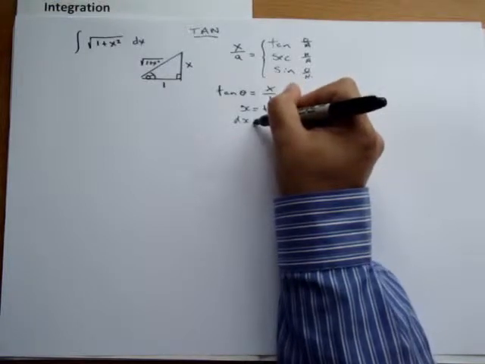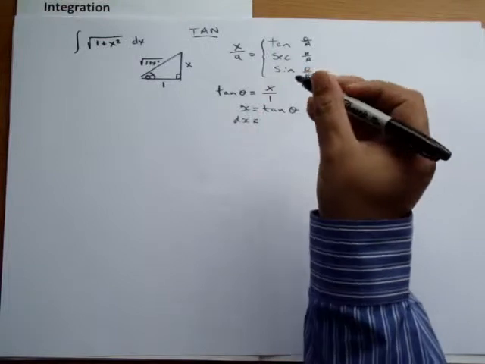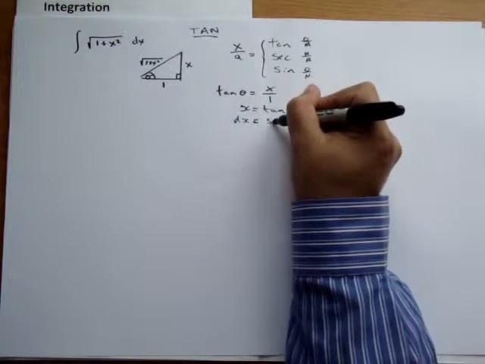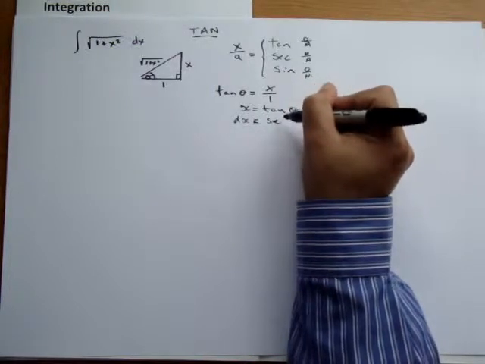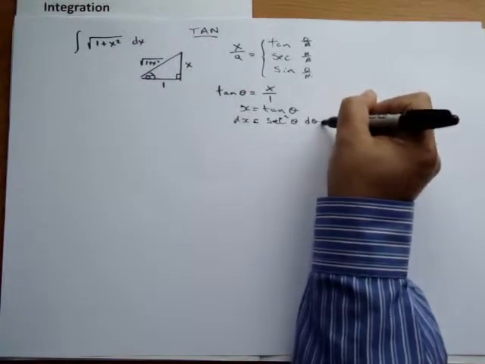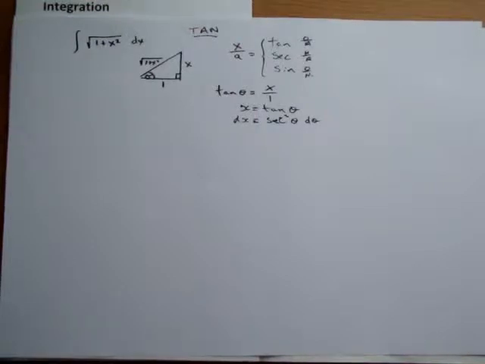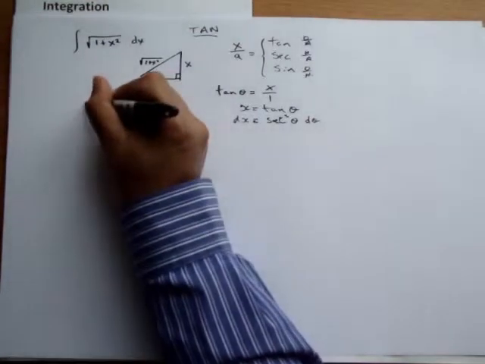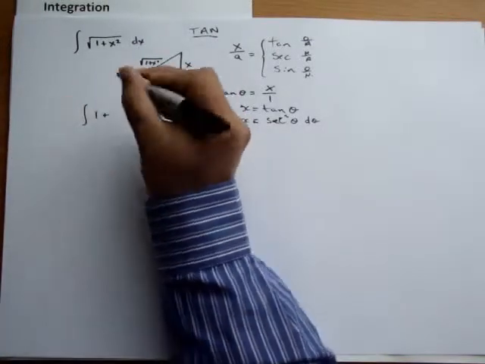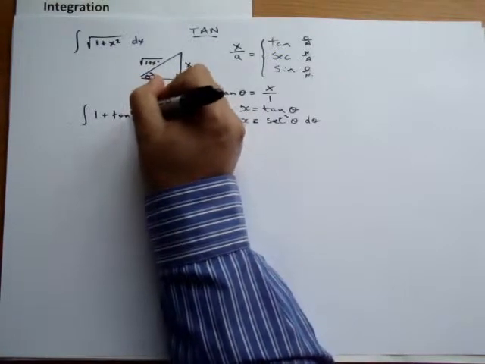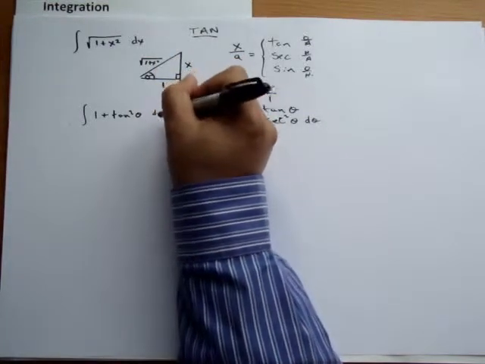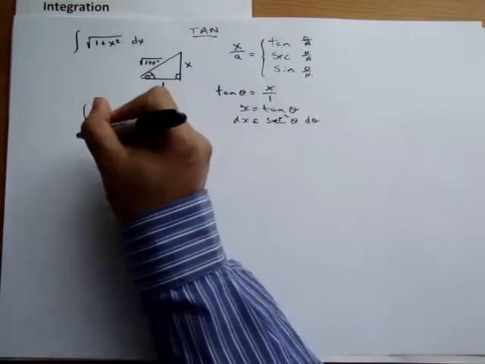and then dx equals, when we differentiate tan theta, we get sec squared theta d theta. So when we substitute, 1 plus x squared becomes tan squared theta, and we substitute dx with sec squared theta d theta.